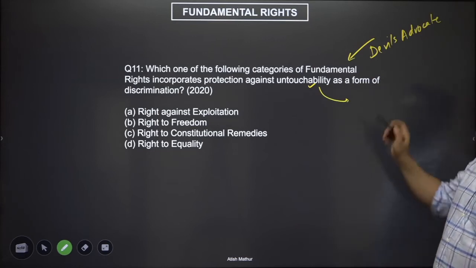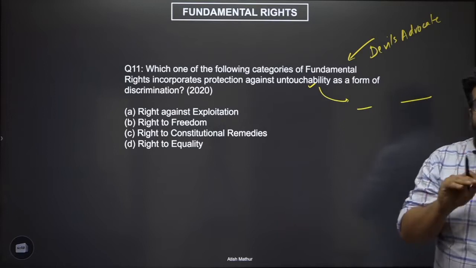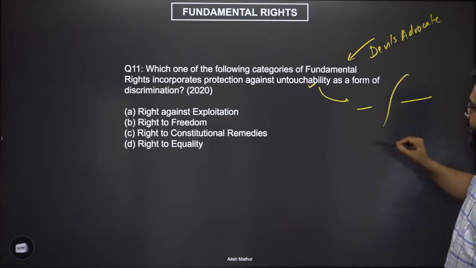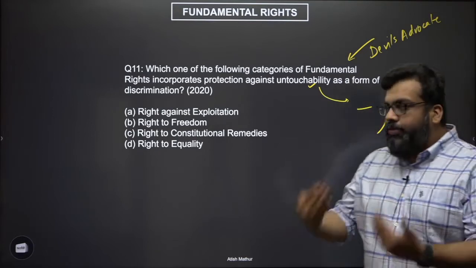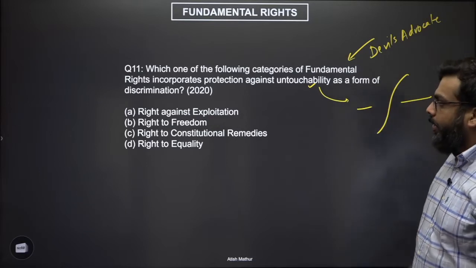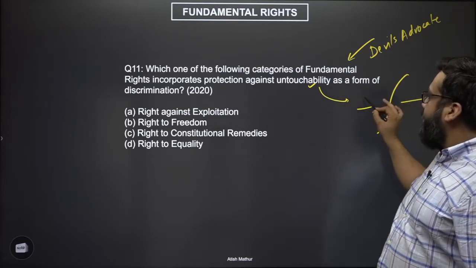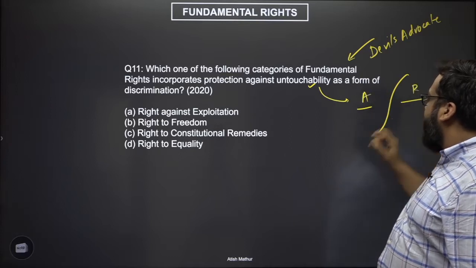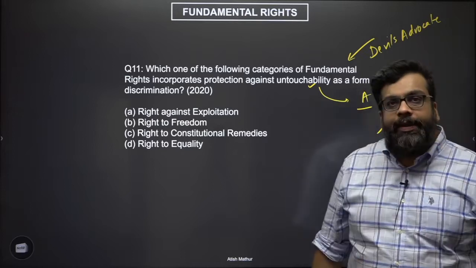Untouchability is treating two sets of people differently. This is a social discrimination largely based on caste. All right. Option number A. If I am treating A and B differently, am I necessarily exploiting them?